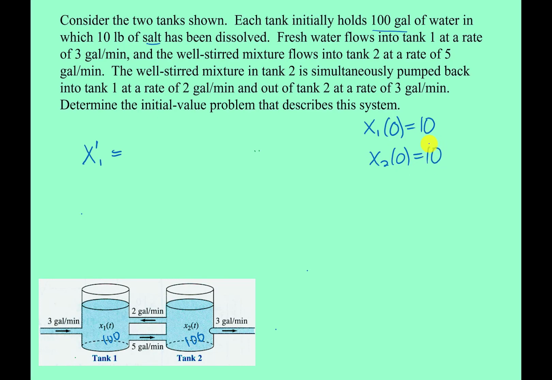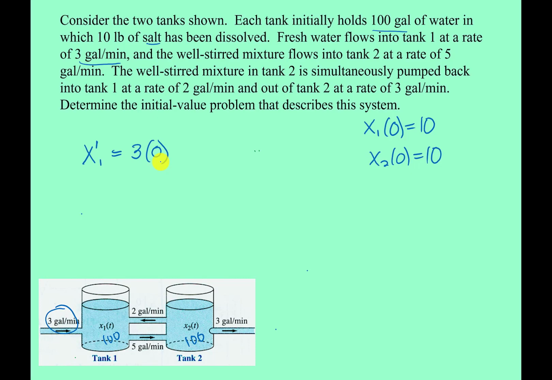This is in pounds. Okay, fresh water flows into tank 1, so the concentration in for tank 1 is 0 and at a rate of 3 gallons per minute. So this one coming in, you'd take rate in, concentration in, and the well-stirred mixture flows into tank 2 at this rate. It's given there, and then tank 2 is pumped back into tank 1, and then there's some going out.